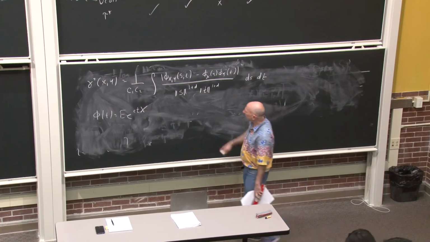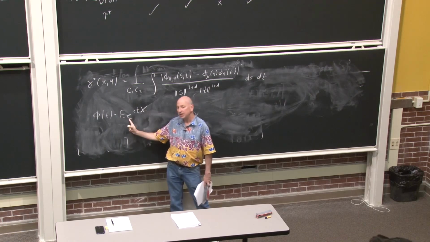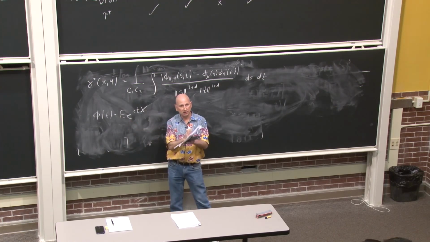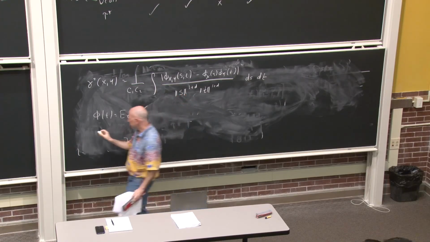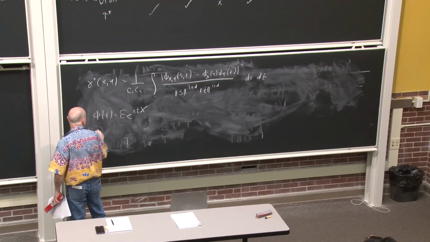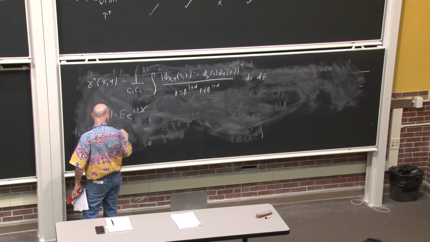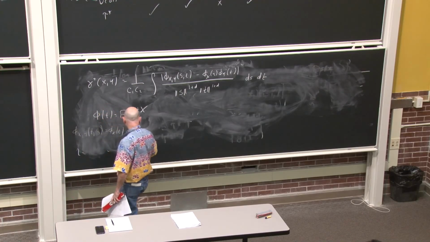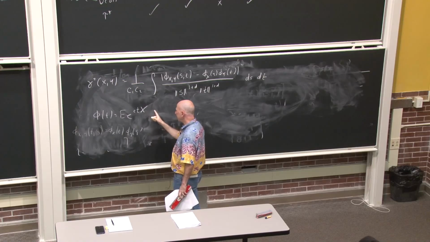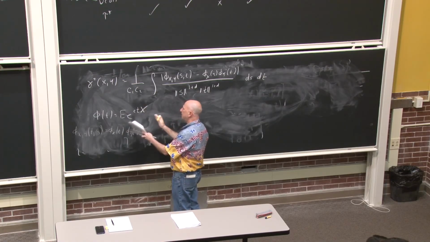And by the way, it's easy to check by definition, because of the E here, that if two random variables are independent, then the characteristic function is a product. So the characteristic function of x, y at s, t would be the product of the characteristic functions. Just because you'd have e to the i t y plus e to the i s x, the E of a sum becomes the product of the E's.